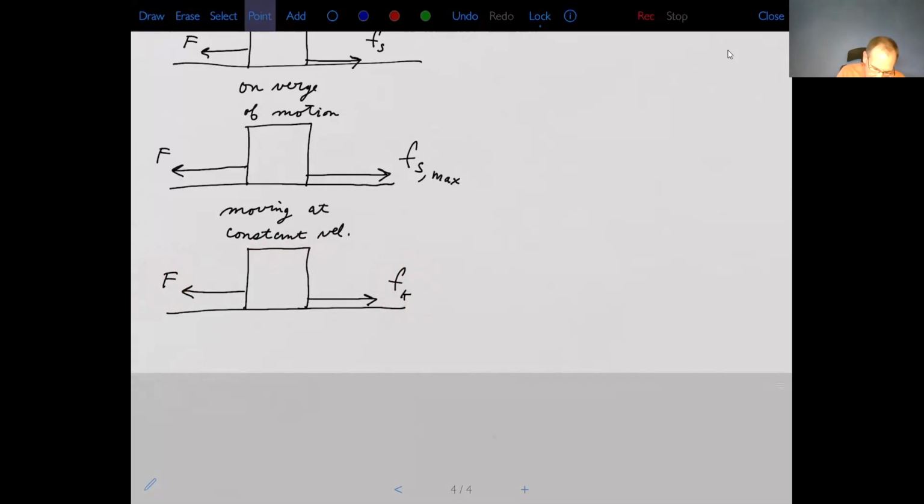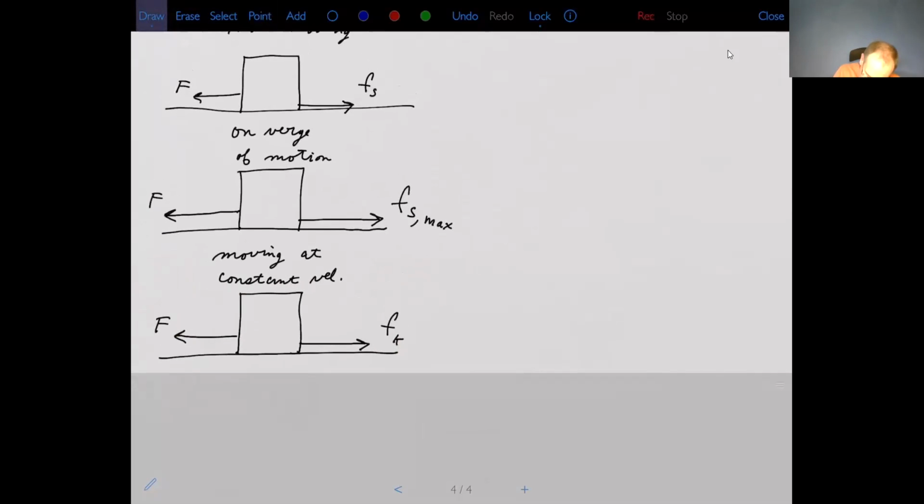Okay, now there are some models for frictional forces, and it turns out that you can model Fs max and Fk as being proportional to the normal force. And the proportionality constant, we usually use mu.